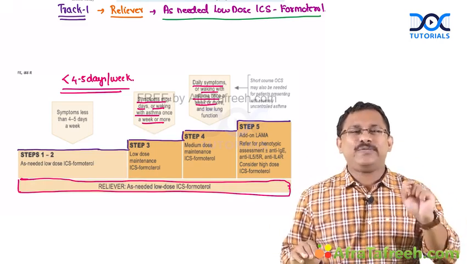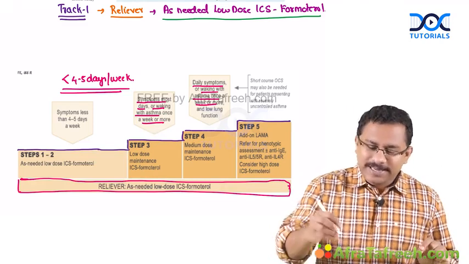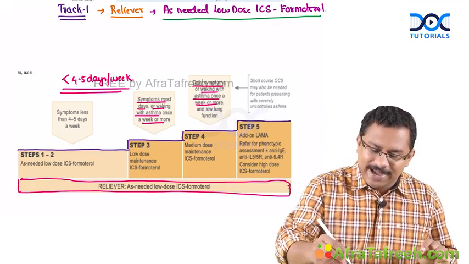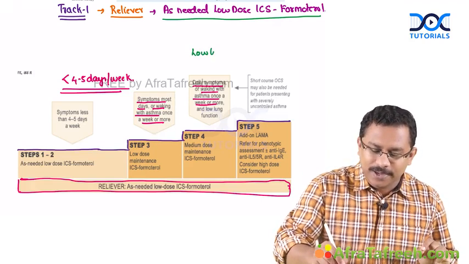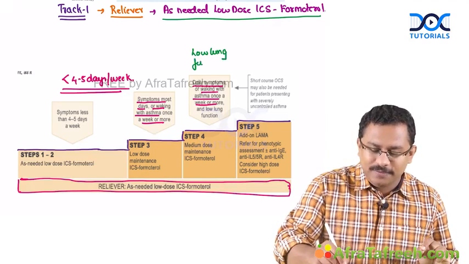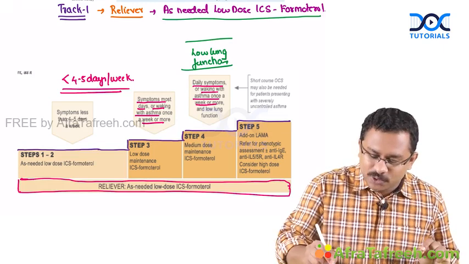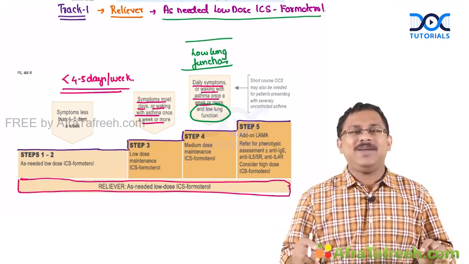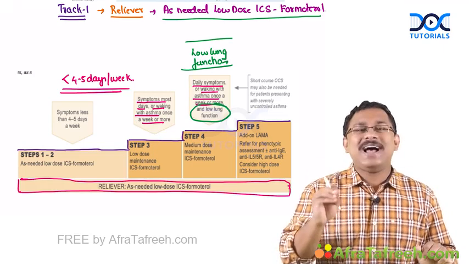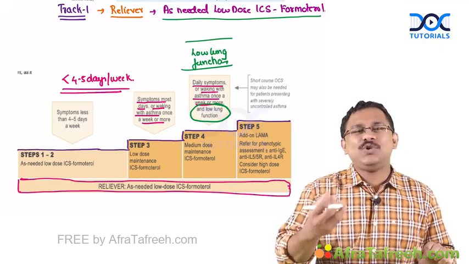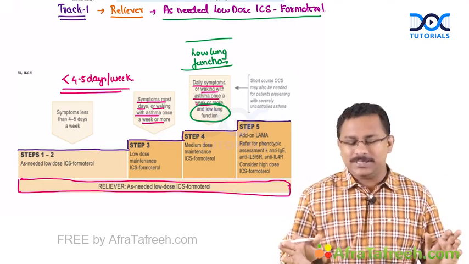But the only differentiating point between step 3 and step 4 is that step 4 will have a low lung function. So in step 4, you will have a low lung function, which means you will have a lower FEV1 value, that is less than 80%.